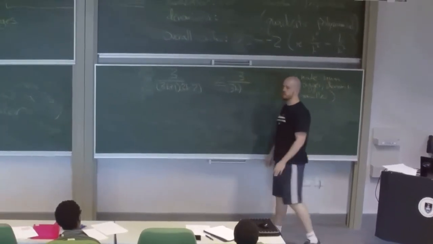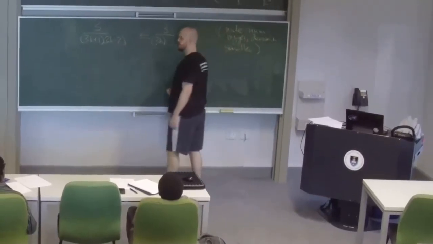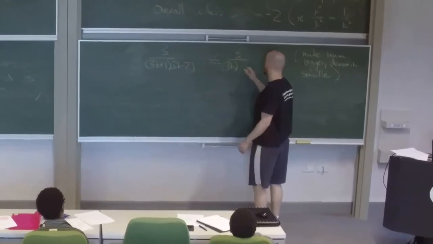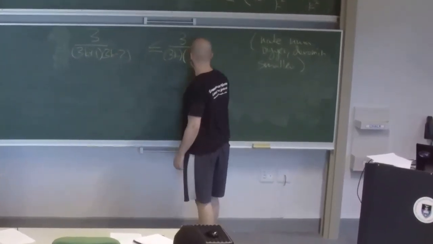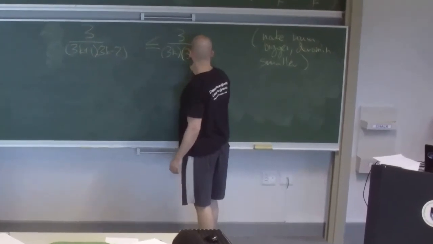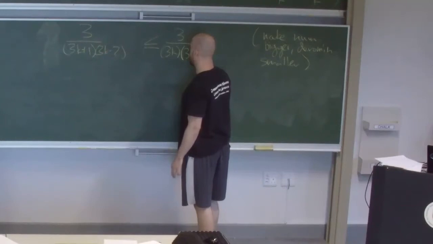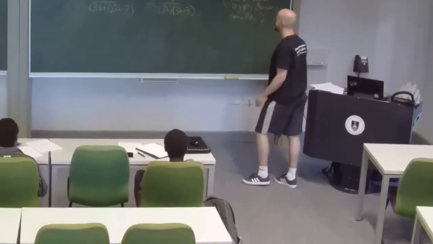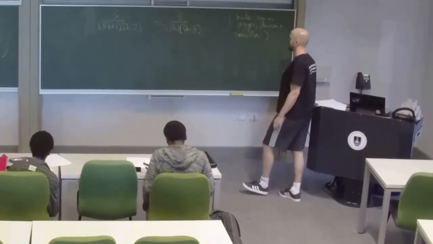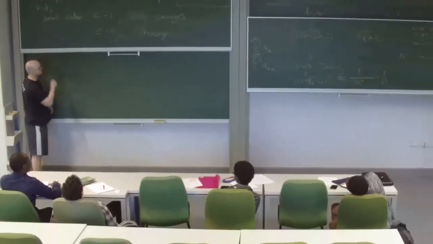Yeah, that would make it smaller. Do you agree? Perhaps I'm getting myself into a little trouble here. Okay, let's wait a second and see what we can do here.